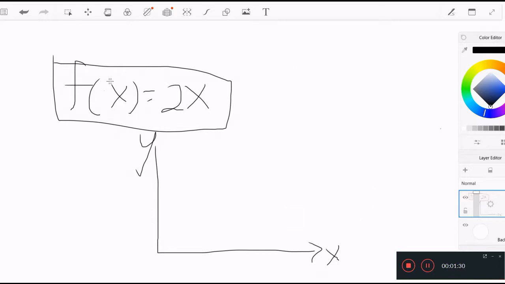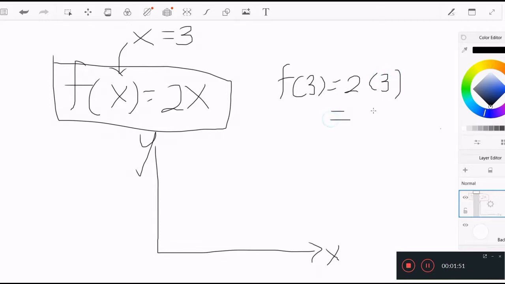All right, in f(x), the x is the input. If you input, let's say, x equals 3, the outcome will be 3 in place of the x, and the answer you get is 6.